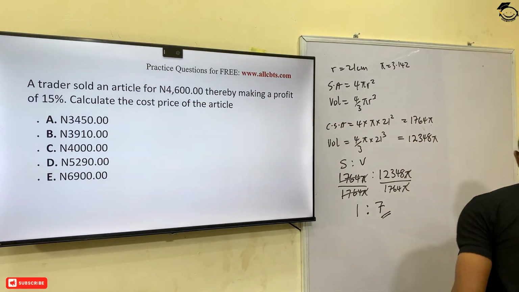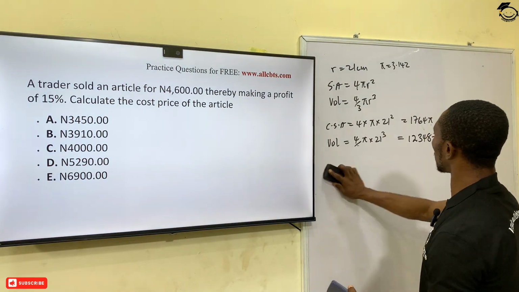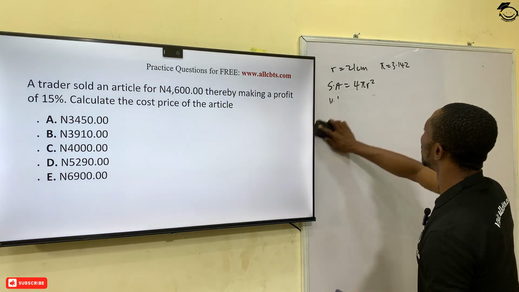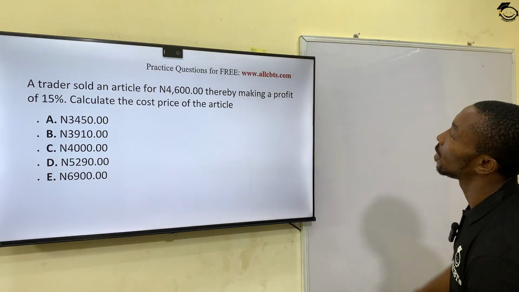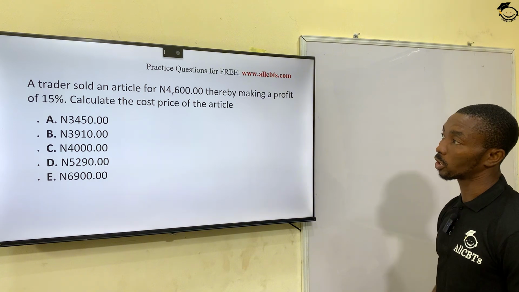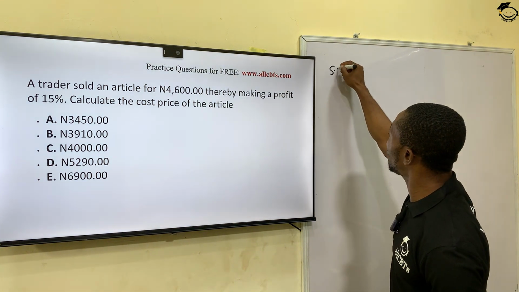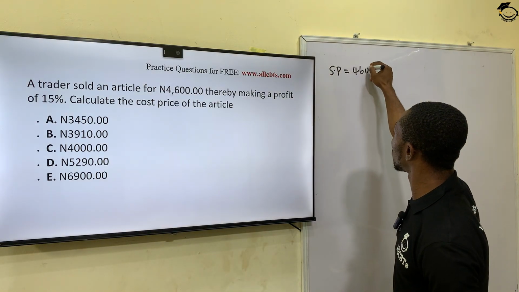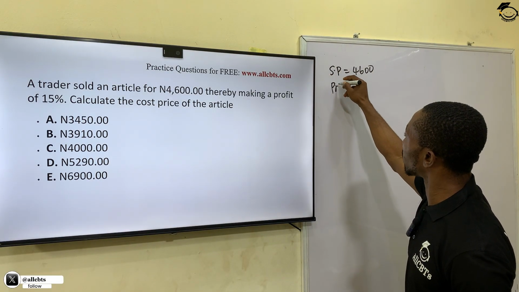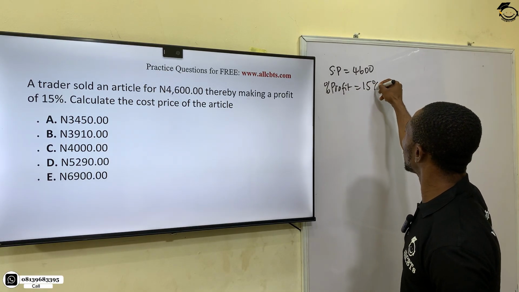A trader sold an article for 4,600 naira, thereby making a profit of 15%. Calculate the cost price of the article. Now, the trader's selling price is 4,600 and his percentage profit is 15%.